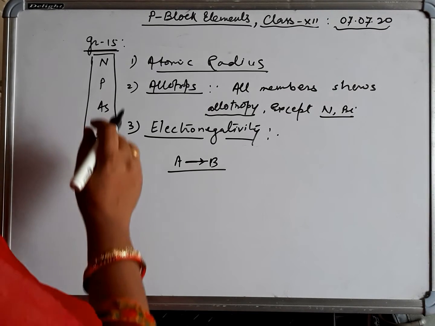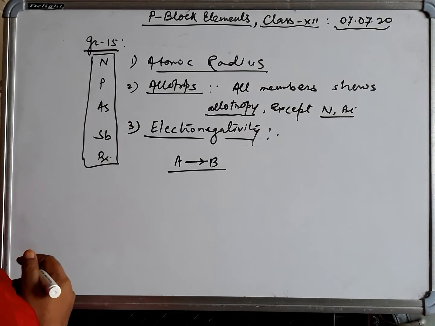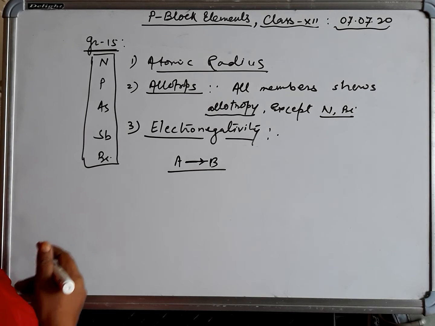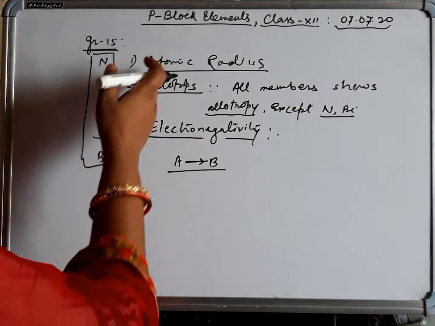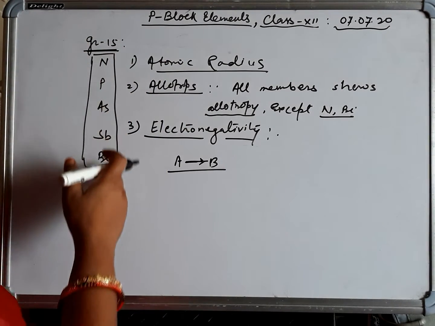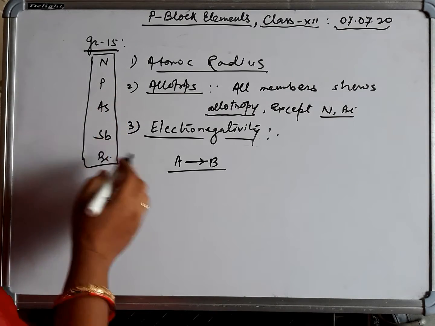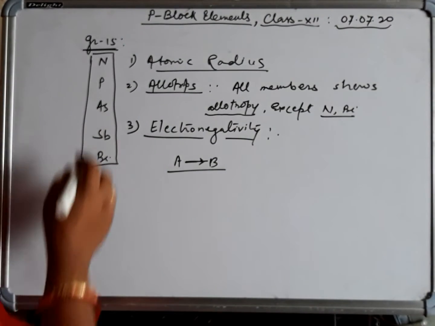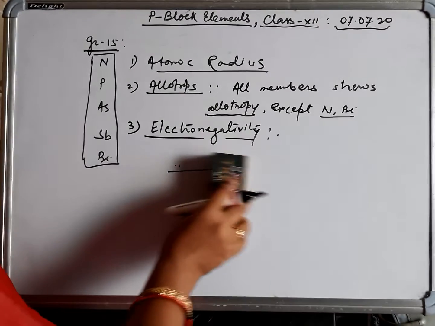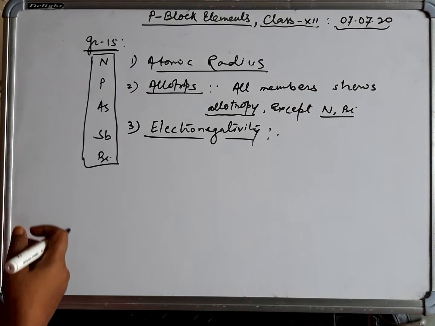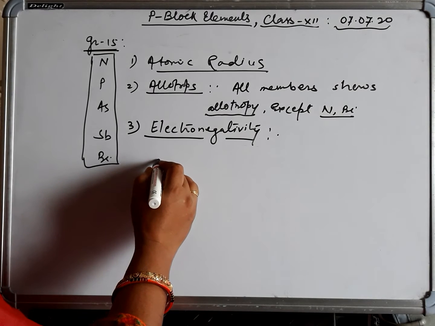atom. Suppose all of these have the same valence electrons, how can we decide which one will be more electronegative? It depends on the size of the atom. Nitrogen is smaller in size, because when we move top to bottom, the size of the atom increases. In that condition, nitrogen has greater electronegative character in comparison to the other members.